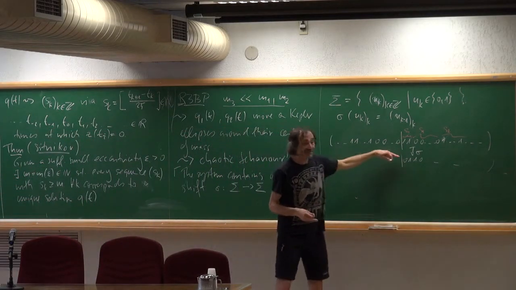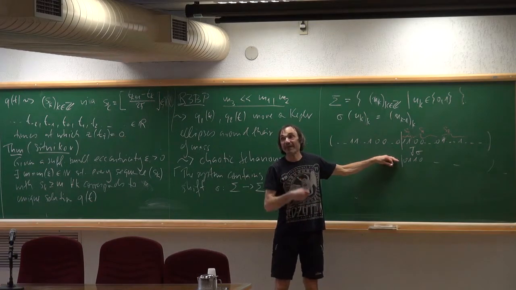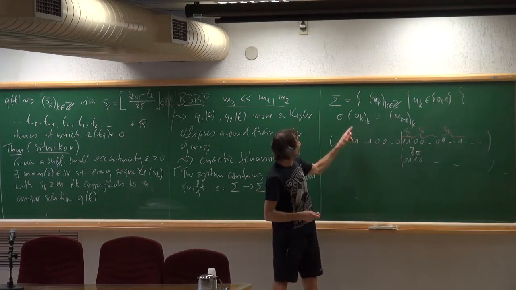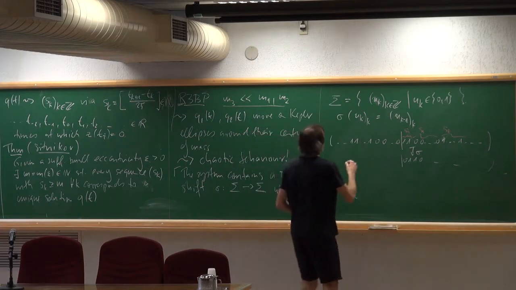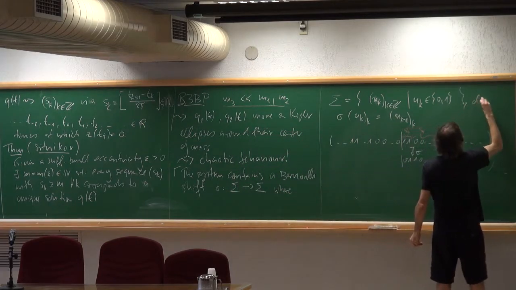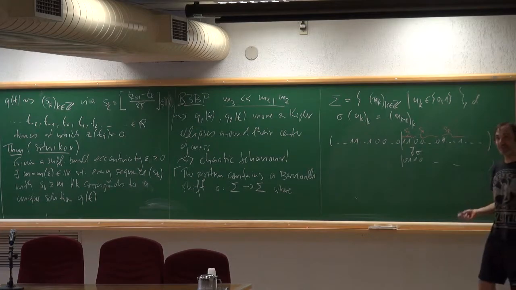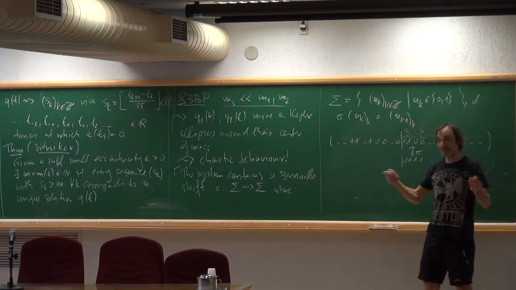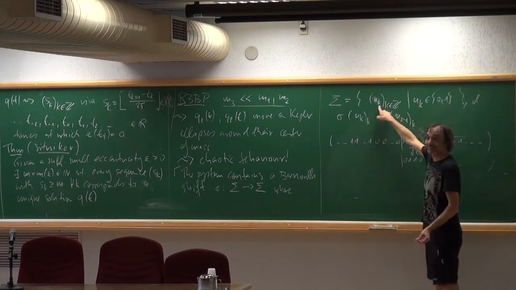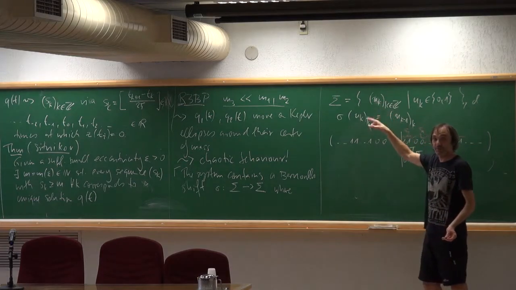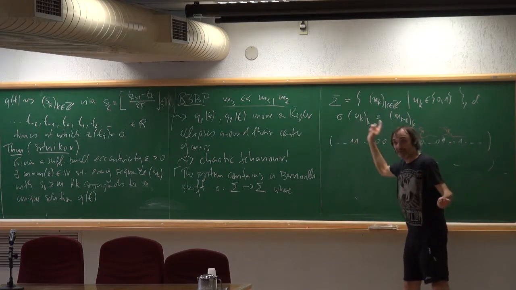And now this is nice. You can view this as an abstract dynamical system. This is a space, and you can endow it with a metric, making it a metric space so that this map becomes continuous. Basically, you just sum over the differences, dividing by 2 to the k.